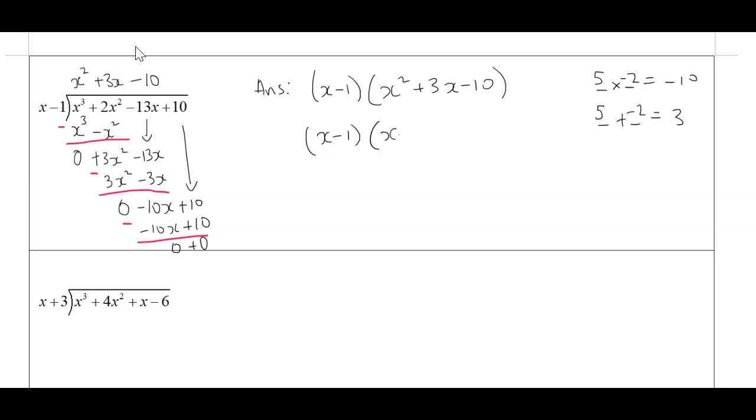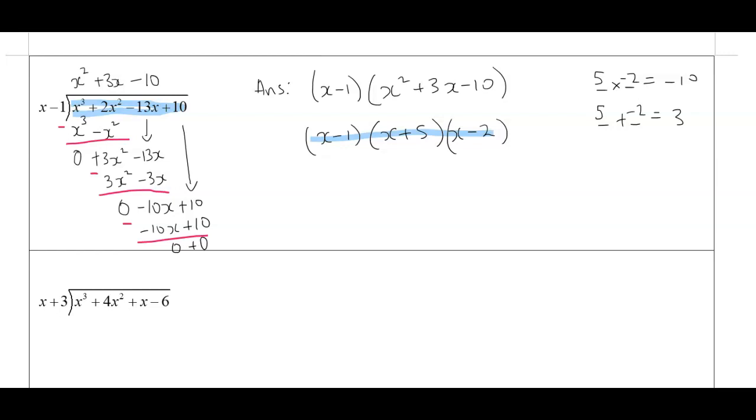So I'm going to have x plus 5, x minus 2. All right, so that's the factorized form of this expanded form. They're the same thing, they're the same graph, but remember the factorized form allows us to find our x-intercepts.